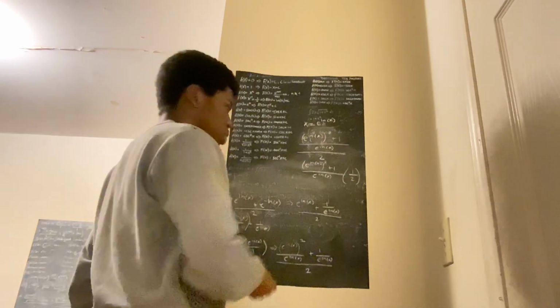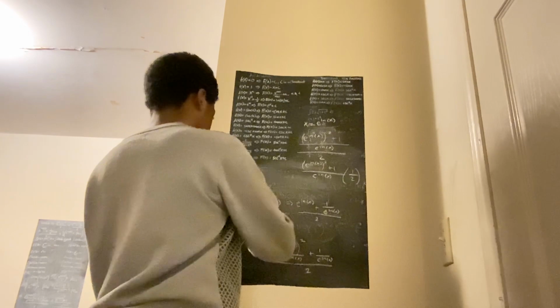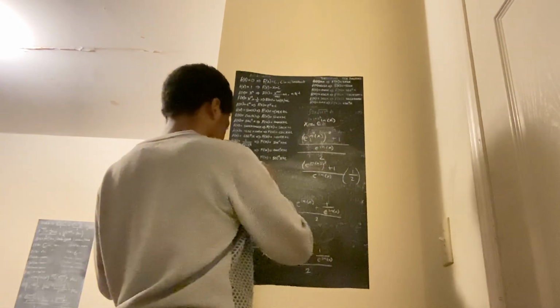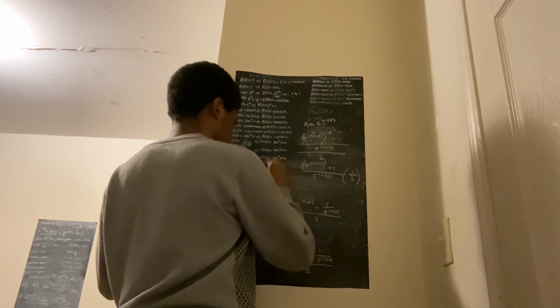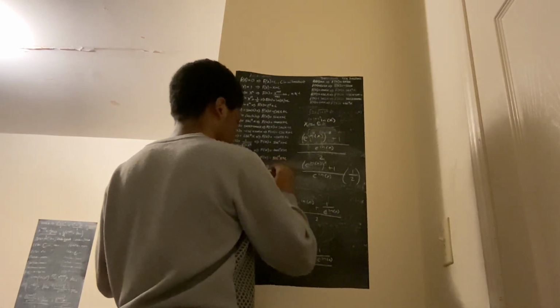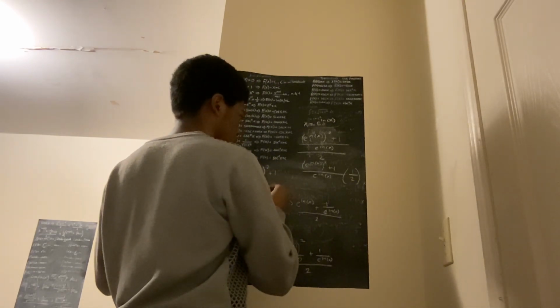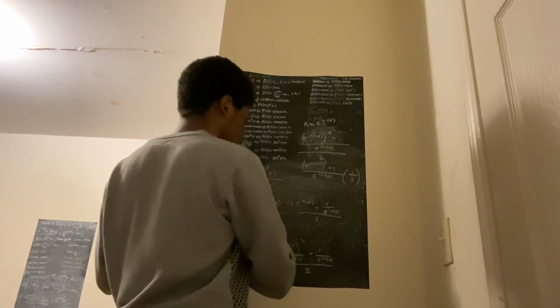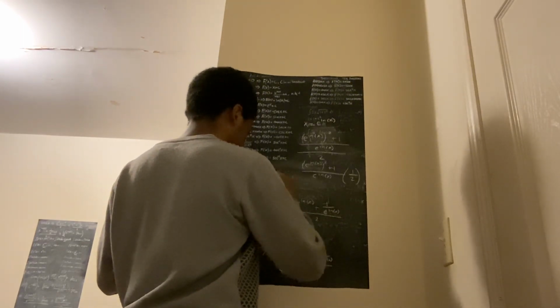Now let me erase this part to have more space. So now you can simply multiply the numerator with the denominator, and then you will get e to the power of ln of x squared plus 1 over 2 times e to the power of ln of x.